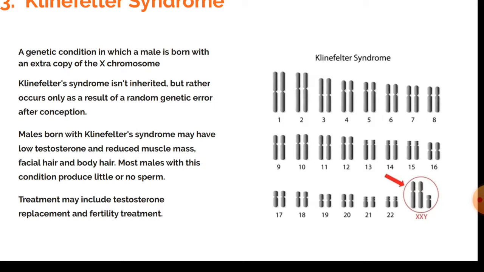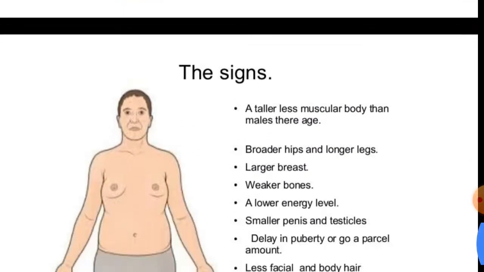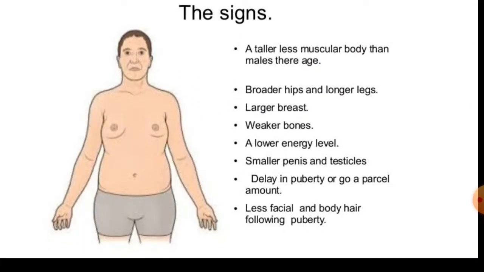The more the number of X chromosomes, the greater is the mental defect, as I told you earlier also in the super females. So here you see the clinical features of Klinefelter's syndrome.